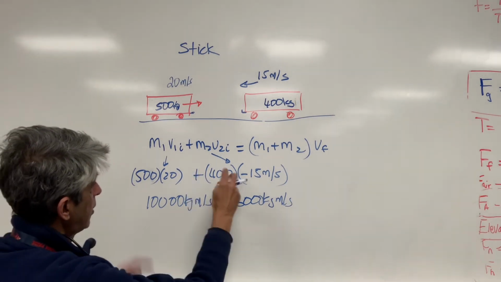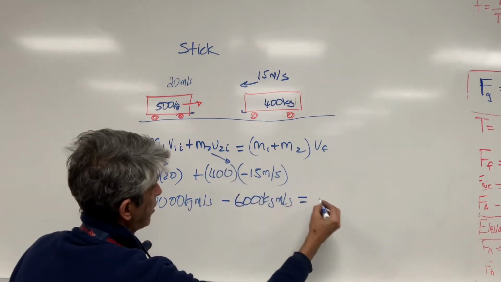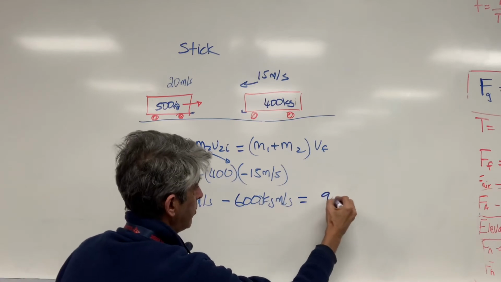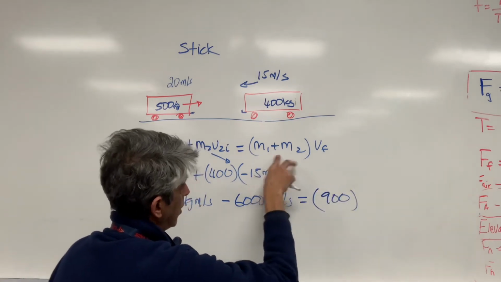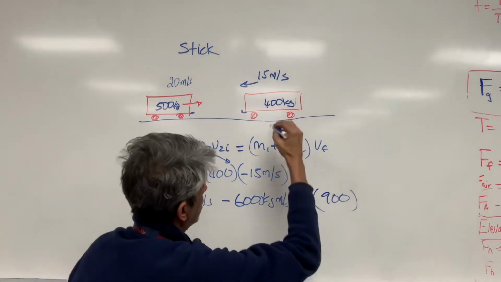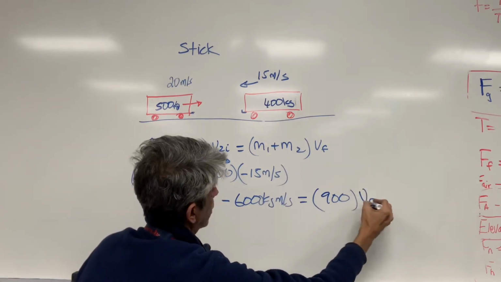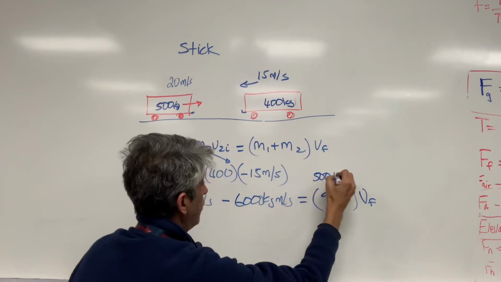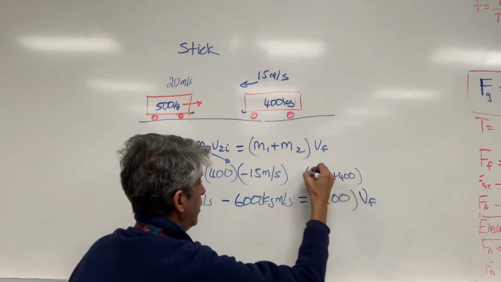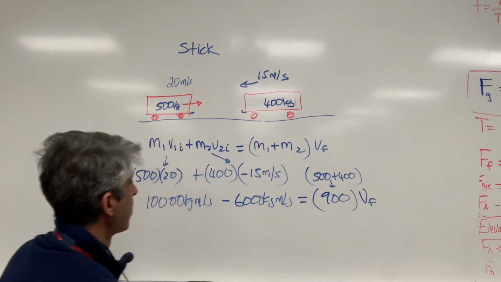So again, this is just the left-hand side of the equation. That has to equal m1 plus m2, which is 900, combined together there, times vf, which is what we're looking for. Remember, this is 500 plus 400. That's where we got that from.